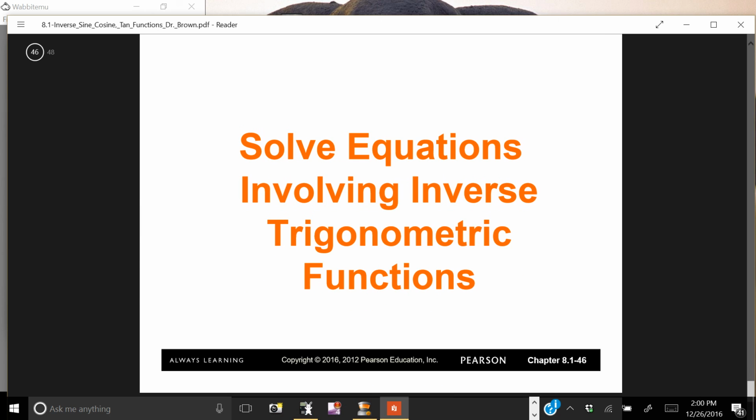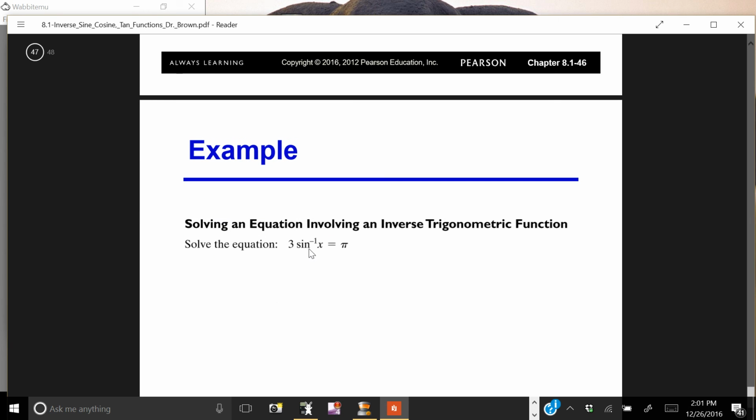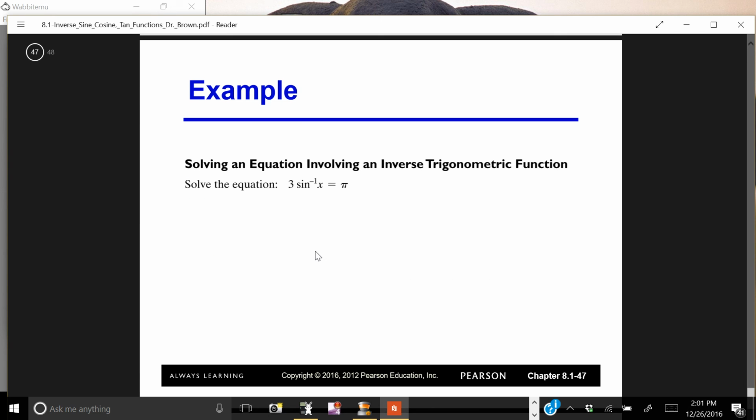Now we're going to do very quickly an example of showing how to solve equations involving inverse functions. Basically, if you've got an inverse function and you want to solve for a value of x, you need to take the inverse to undo the function. So let's say we want to solve this equation.